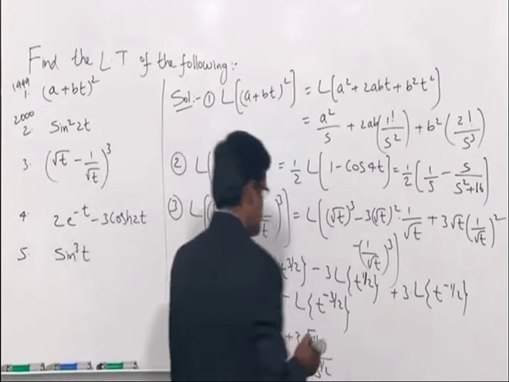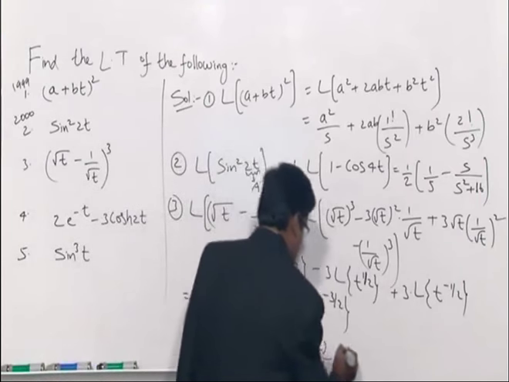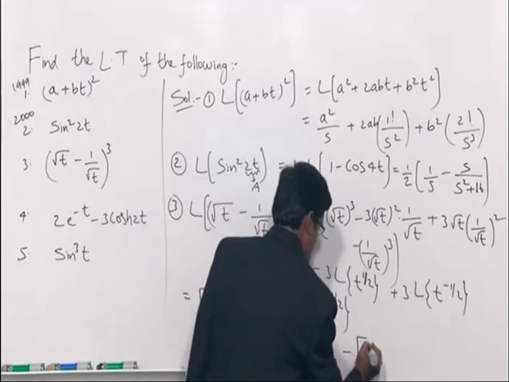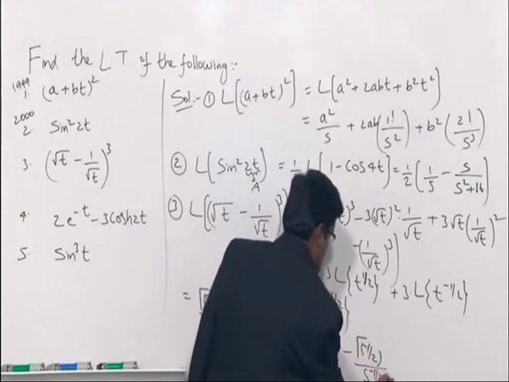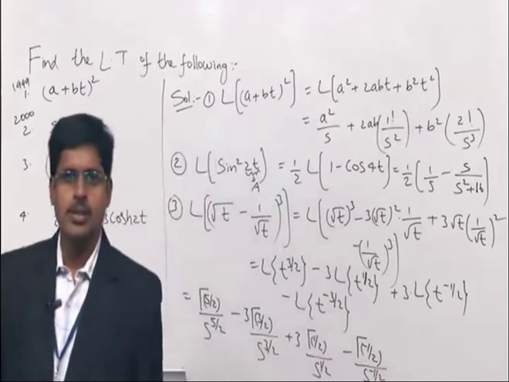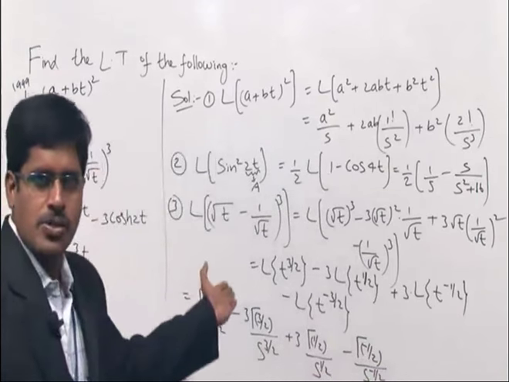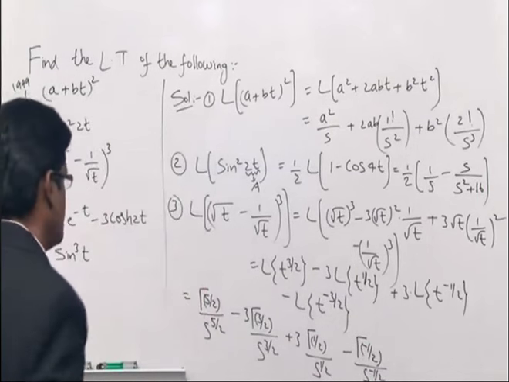And the last one, n is equal to minus 3 by 2. After adding 1 it becomes gamma minus 1 by 2 divided by s power minus 1 by 2. And you know how to evaluate gamma of a positive fraction and a negative fraction, I have shown you.